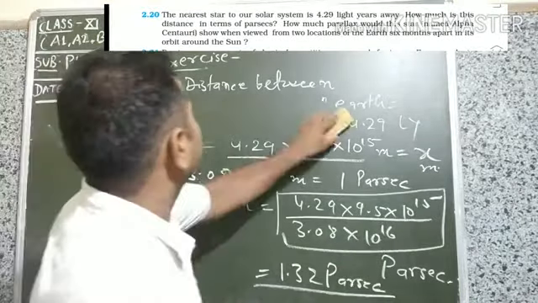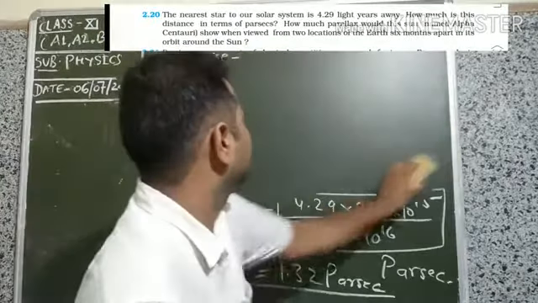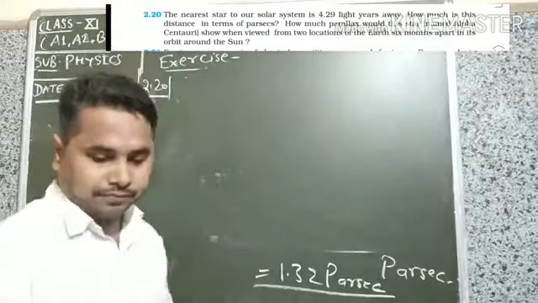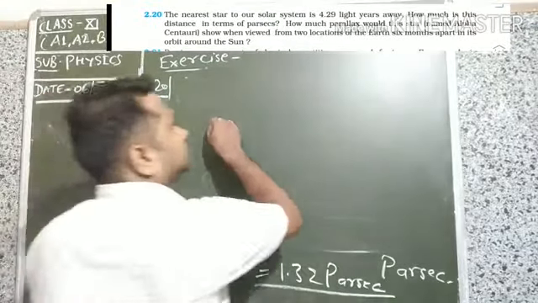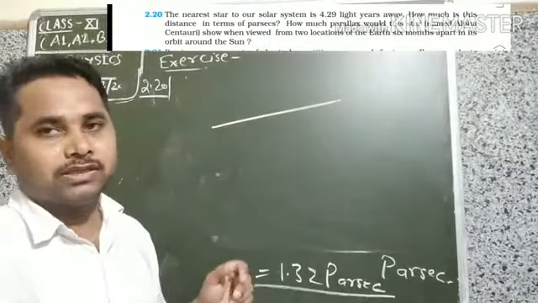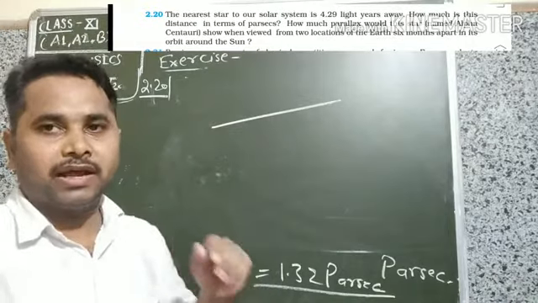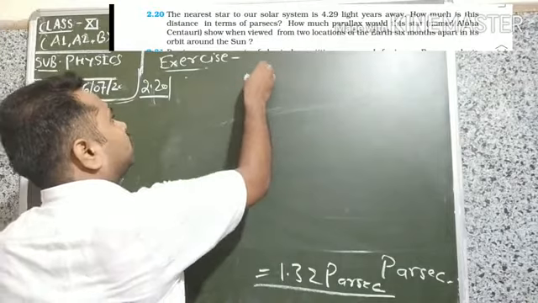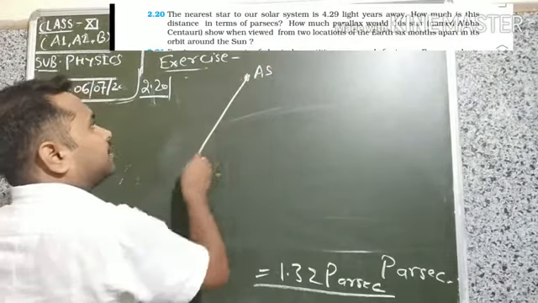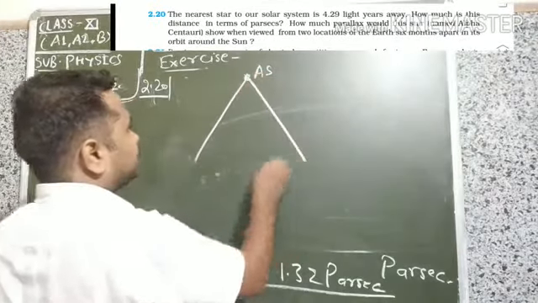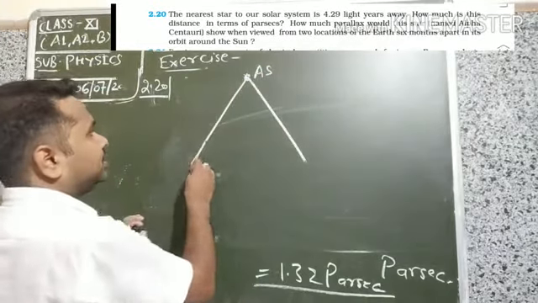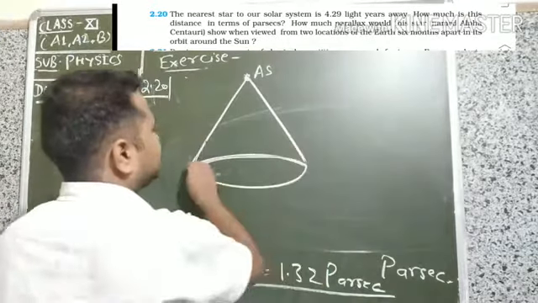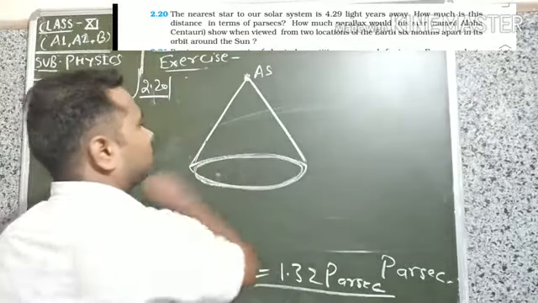Now one more question is there in this part. We have to measure the angular distance also, meaning the parallactic angle. Suppose this is the position of Alpha Centauri, and it is observed from two diametrically opposite positions on the orbit of the Earth.